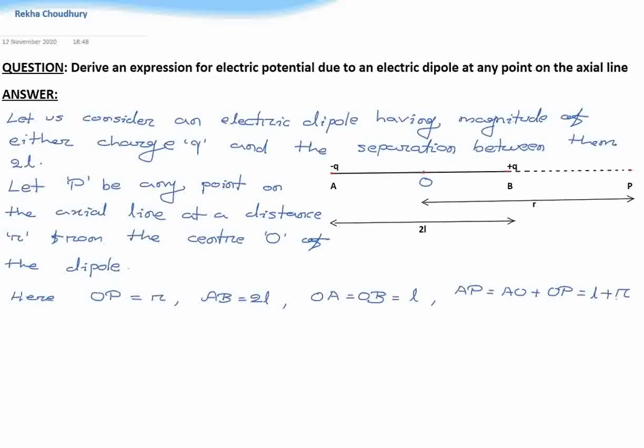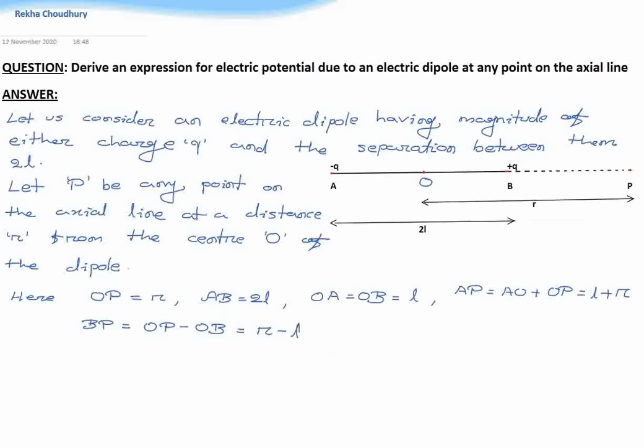So this is L plus r. Similarly, BP is equal to OP minus OB. See in the diagram, BP length is equal to OP minus OB. So this is equal to r minus L.